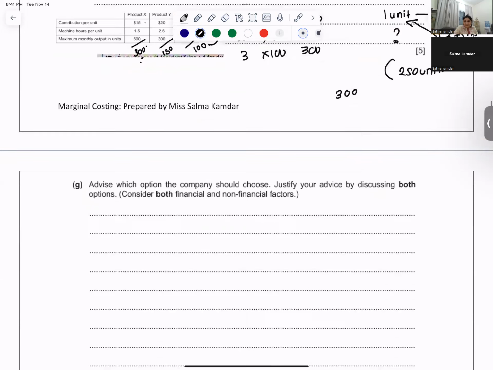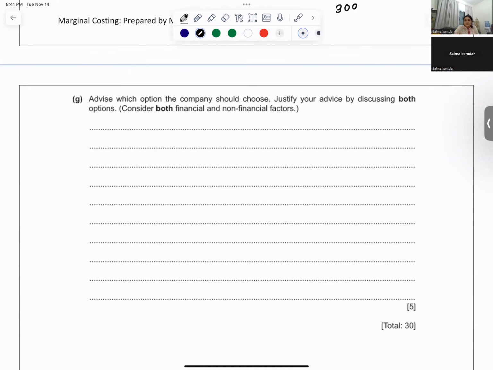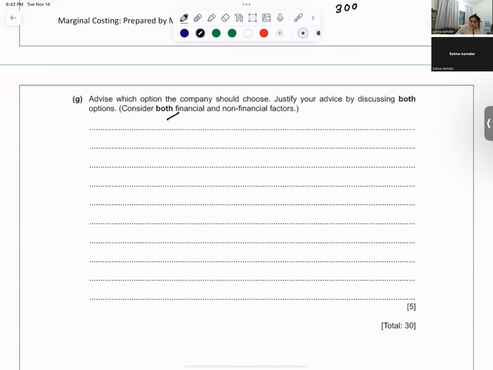Advise the company which option should they choose by discussing both the options. Choosing option 1, you're definitely earning a positive contribution. You are making the best use of your resources and you are making profit. But at the same time you are not fulfilling your major customer's order, so maybe that person will opt out and would choose another supplier.